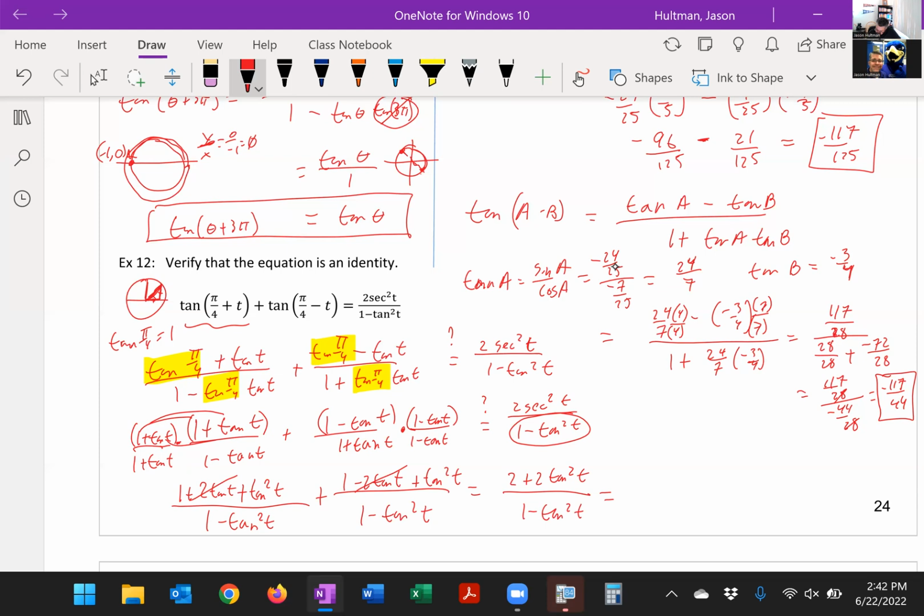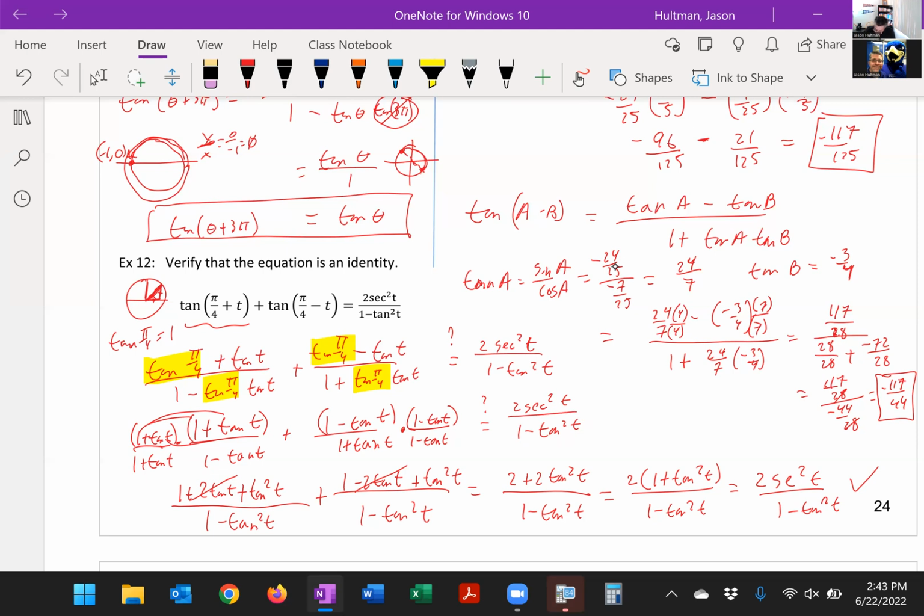And that guy, if I factor out the 2, is 2 times 1 plus tangent squared t all over 1 minus tangent squared t. But 1 plus tangent squared t, that is secant squared t. So this is 2 secant squared t all over 1 minus tangent squared t, and so it does check. Okay, so good times.